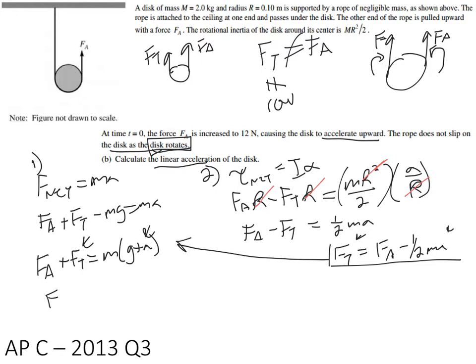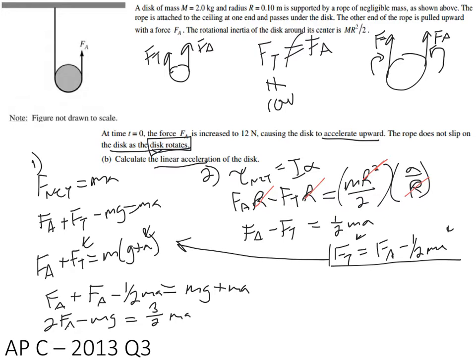So I have FA plus FA minus half MA equals, I'm actually going to separate this, MG plus MA. 2FA, let's see, minus MG equals 3/2 MA.